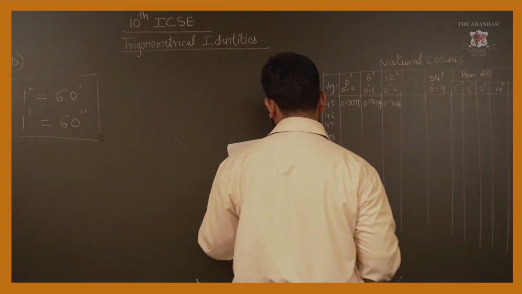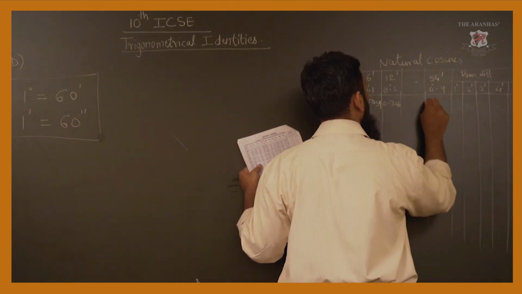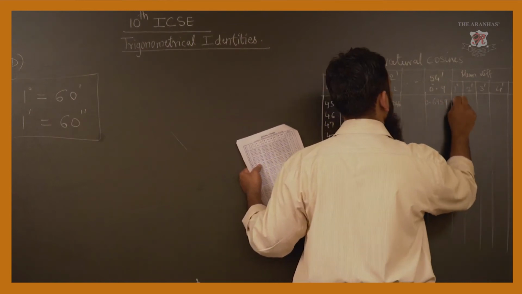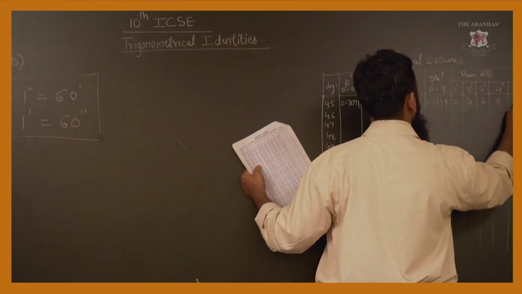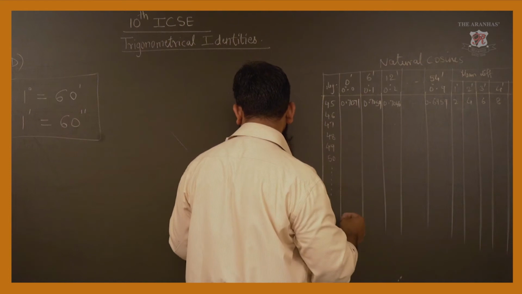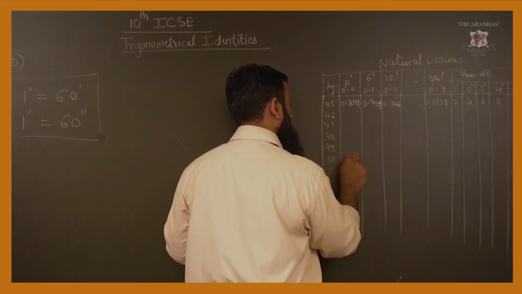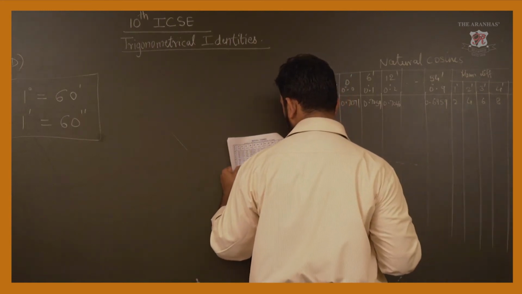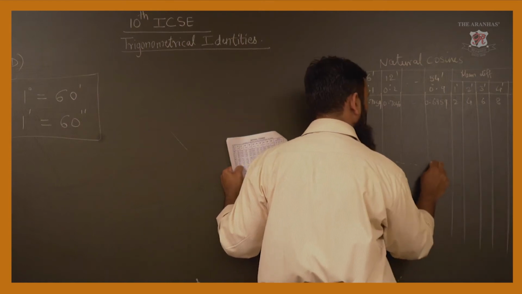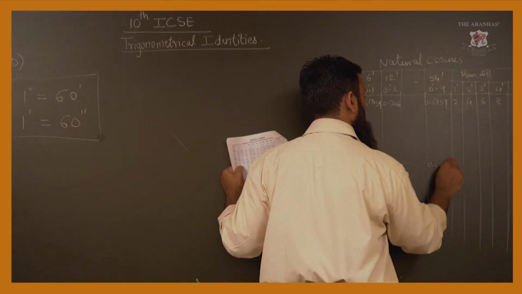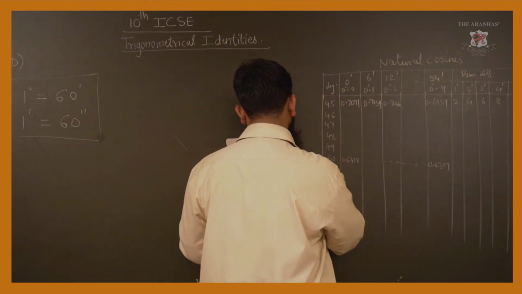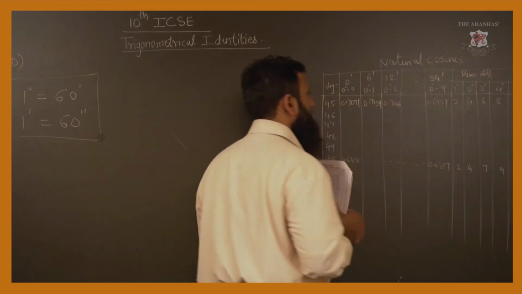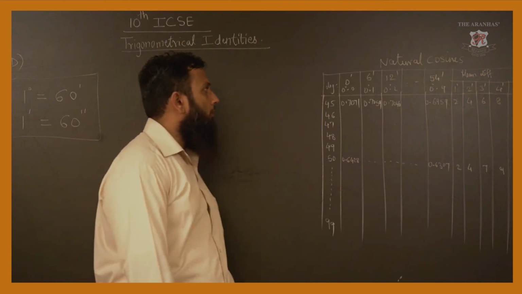It goes up to 0.6959, and then here let us go up to 50. In this way the table will be constructed for cosine.